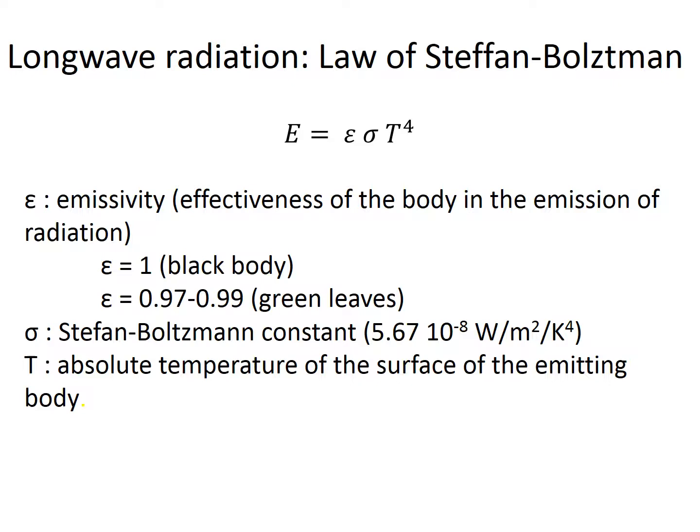And here the coefficients are: first, emissivity, which is the effectiveness of the body in the emission of radiation, and emissivity is by definition 1 in the so-called black body, but in nature, when we think about green leaves or crops, the emissivity is fairly close to 1, 0.97 to 0.99 of emissivity.